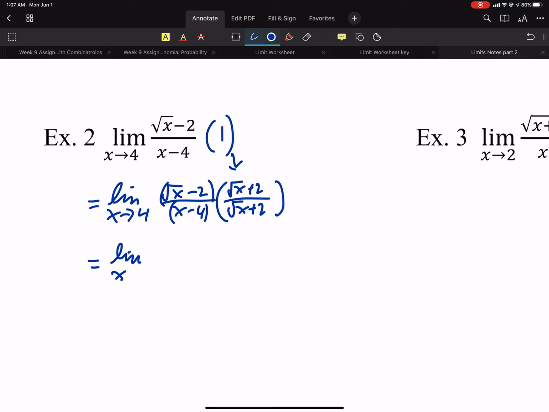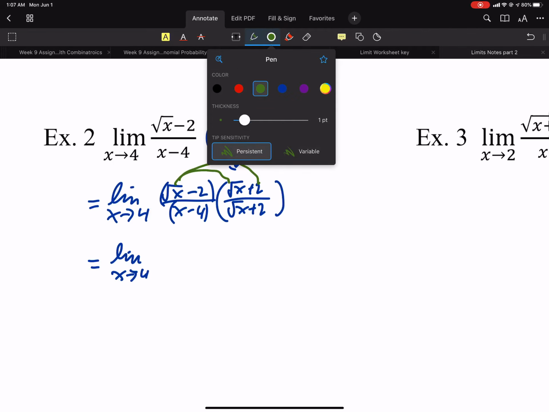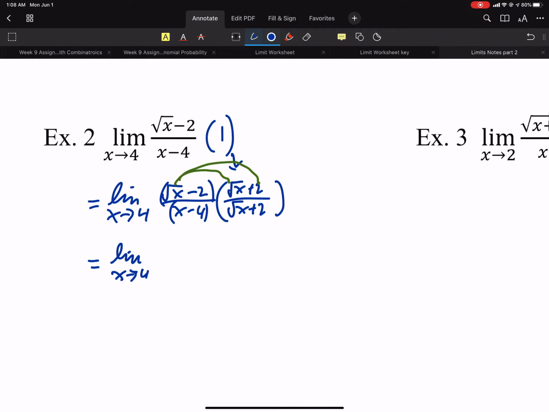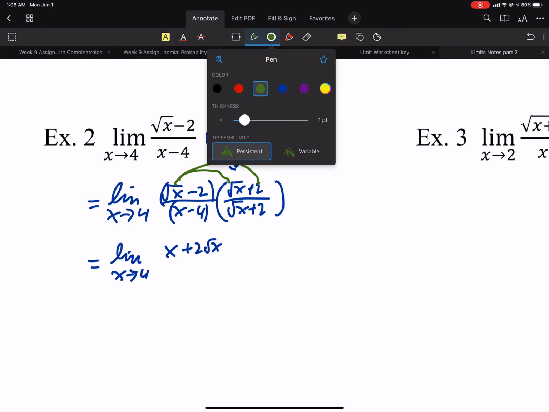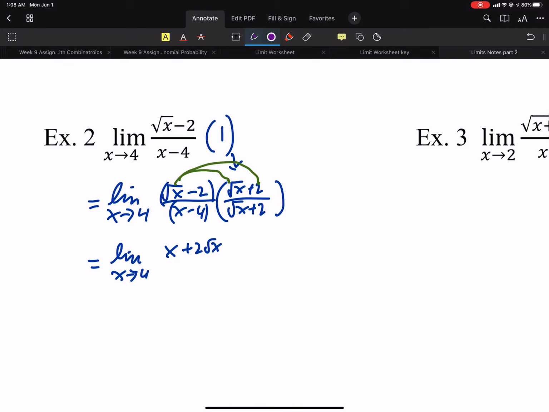So I'm going to do the limit as x approaches 4. So the top, we are going to distribute the radical x to both. And I'm going to get x plus 2 radical x. Then I'm going to distribute the negative 2 to both of these.